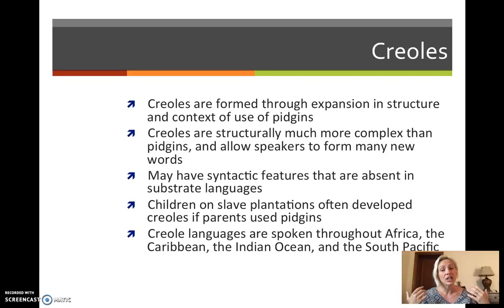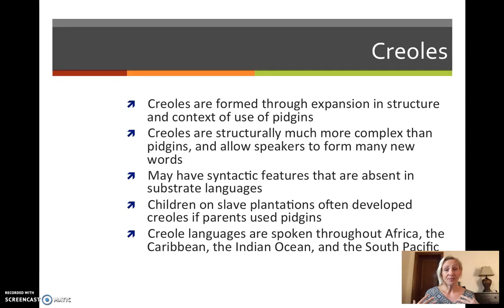And so creoles are structurally much more complex than pidgins, and they have more vocabulary and they allow speakers to form new meanings. Pidgins emerge from a mixture of two languages, right? But a creole developed from those pidgins might have syntactic features that don't come from either of the two languages. So it might develop its own grammar, not English grammar.